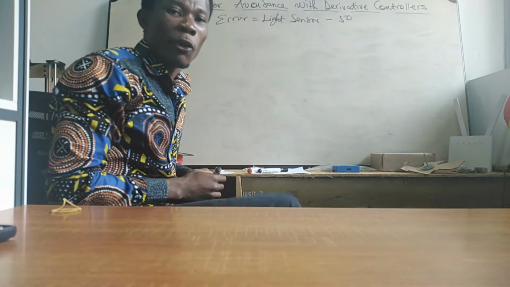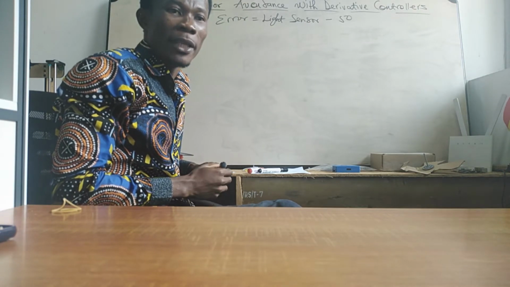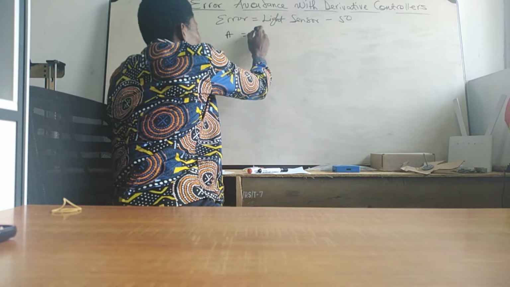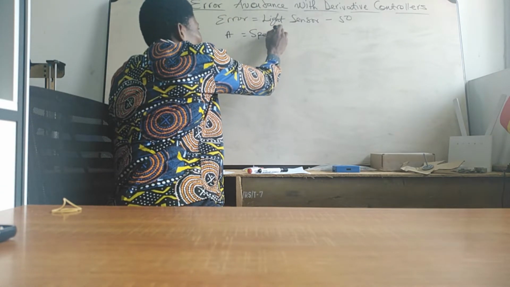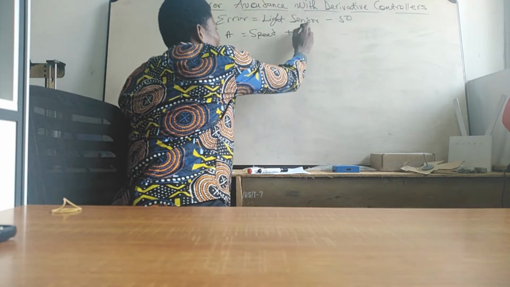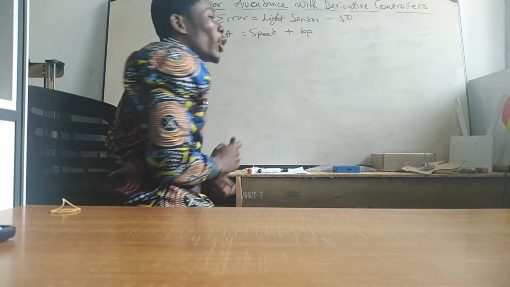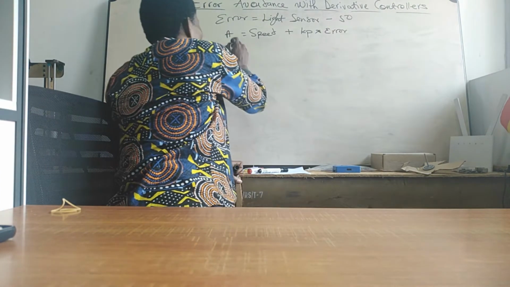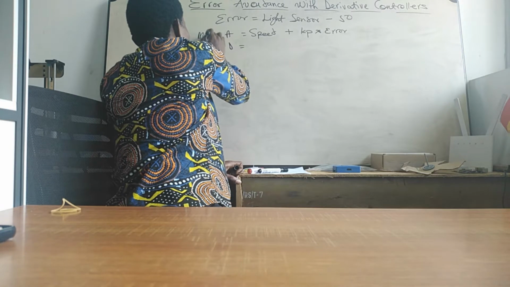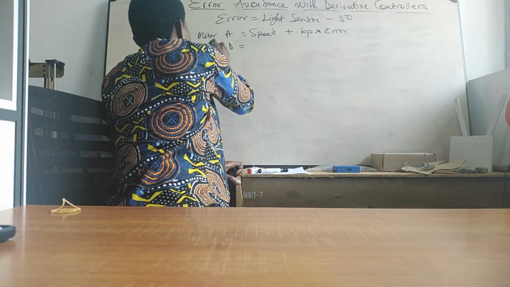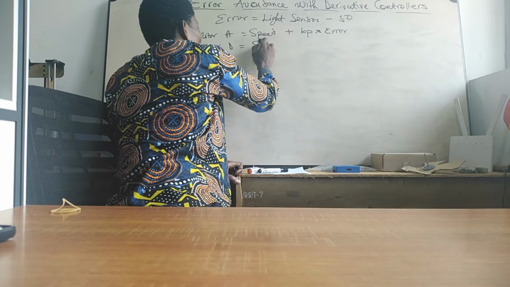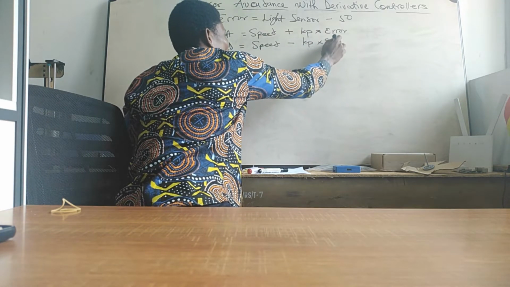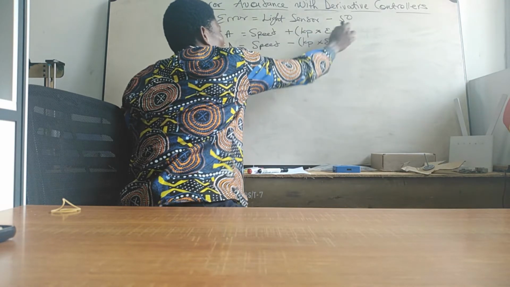Then we came up with error correction formulas where motor A was moving at a default speed increased by a certain constant of proportionality we call the proportional gain multiplied by the error, and then motor D was controlled by adjusting the speed by the same proportion of the error.